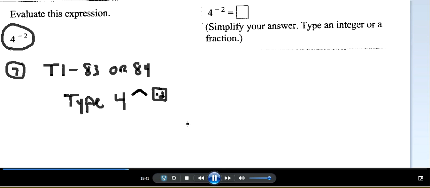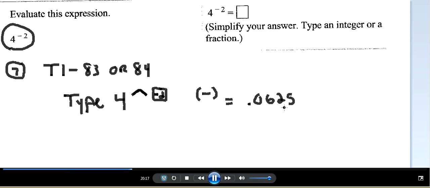Put the -2 in the little box, and the negative sign you want to use is down on the very bottom of the calculator on the right side next to the period or the decimal. There is a negative number in parentheses. That's the one you want to use to emphasize a negative number. So when you plug that in, you're going to end up with a decimal number, and that decimal number would be like 0.0625.